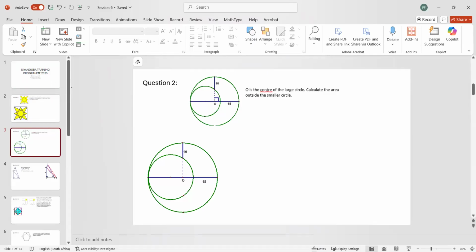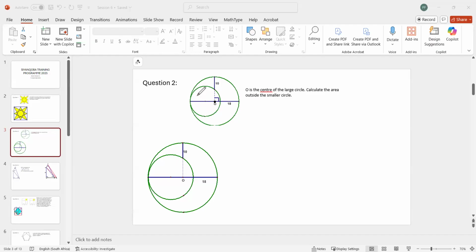So here you've got a circle, and another circle inside it, and it's given that O is the center of the large circle. You have this other circle which is touching it exactly, and you want to calculate the area outside the smaller circle. In other words, you want to work out the area of this moon-shaped area.